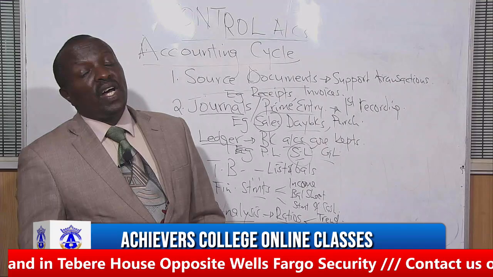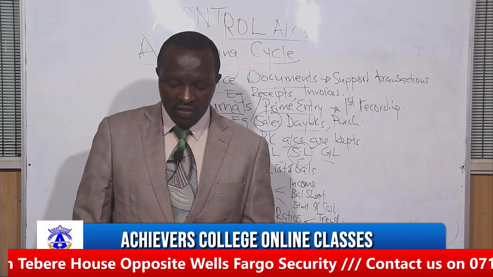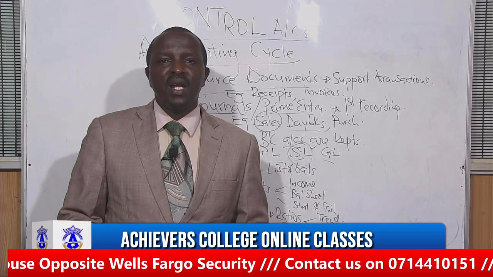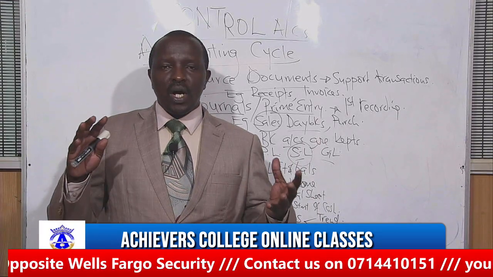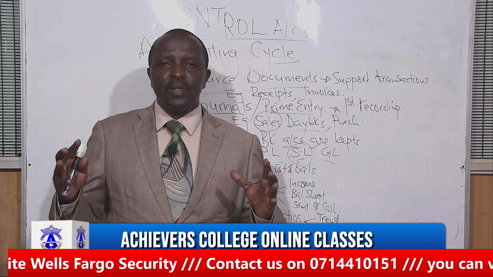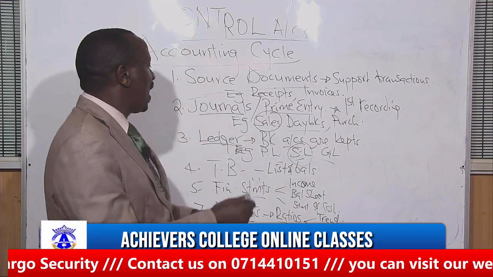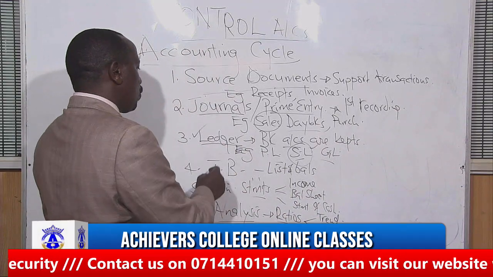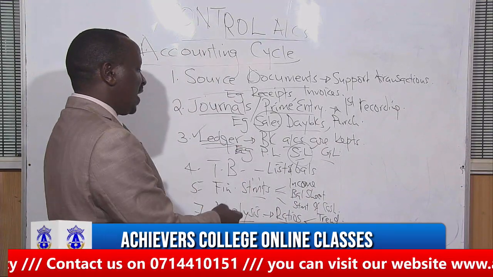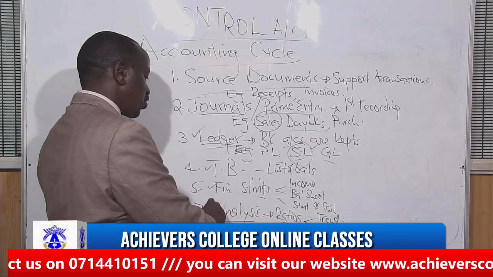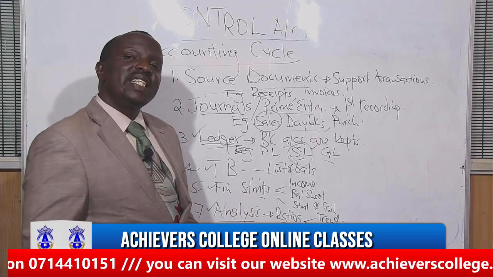And because the volume of financial transactions is very huge, we require a way in which we can check the accuracy of our ledger book. Because once you record this on the ledger, it will affect the trial balance, it will affect the financial statements, and it will affect our analysis.